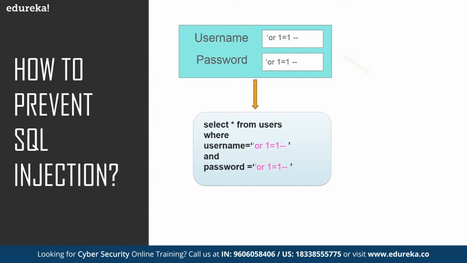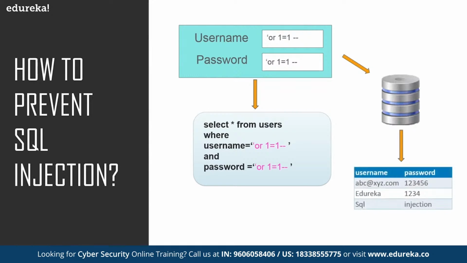The or 1 equal to 1 hyphen hyphen is not considered as logic in the code. So even if you give this malicious string as the input, it is sent to the database as a string. It is cross-checked with the username and the password in the database table, and because there is no match, the login will be unsuccessful.